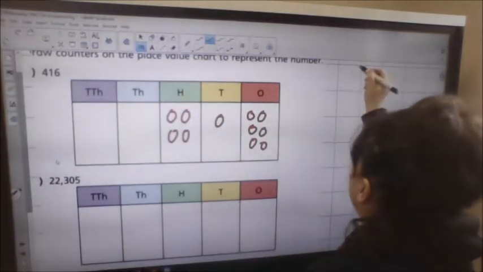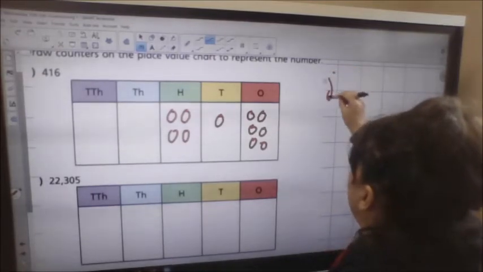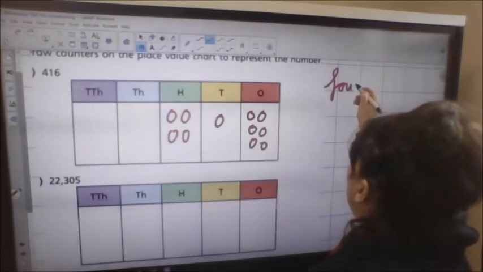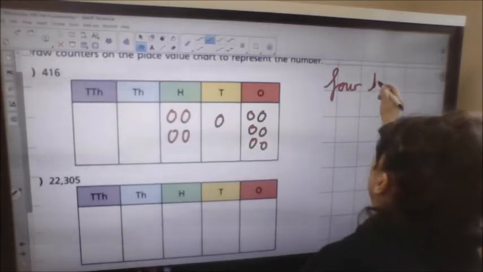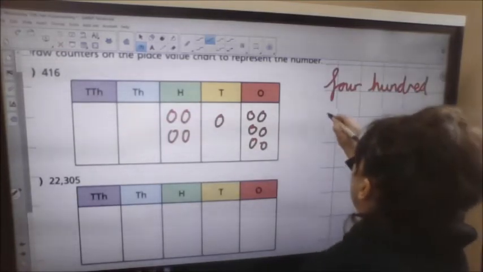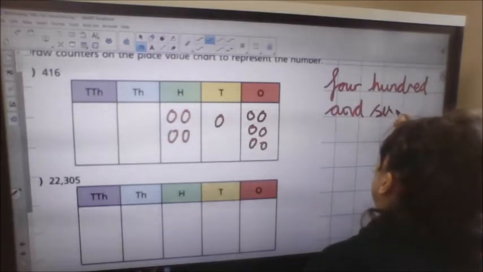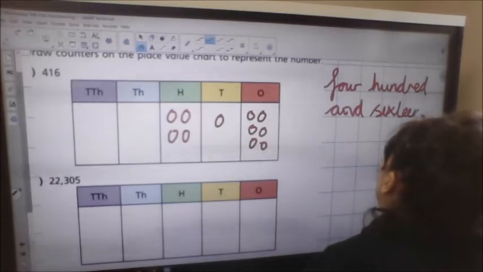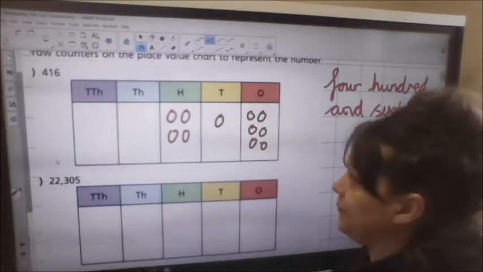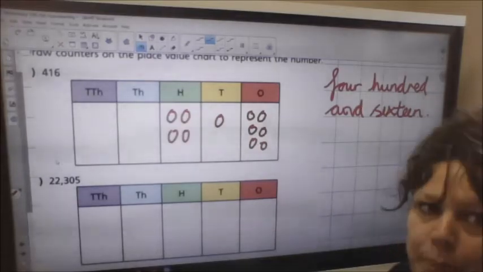And I would write that as 400 and 16. 416.